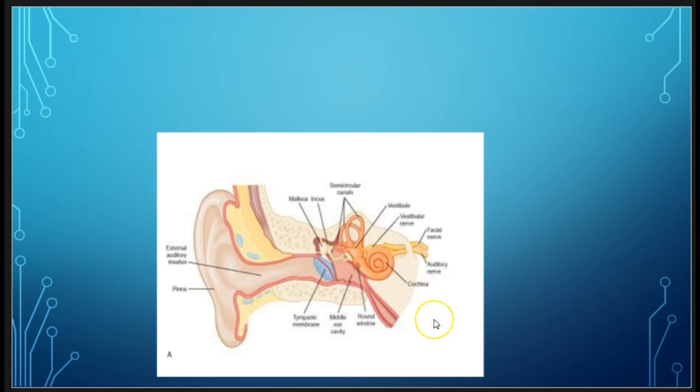So let's look at the vestibular apparatus in a bit more detail, and we'll get into a bit more description on how exactly the cochlea and that vestibular apparatus is working and what it does for us.